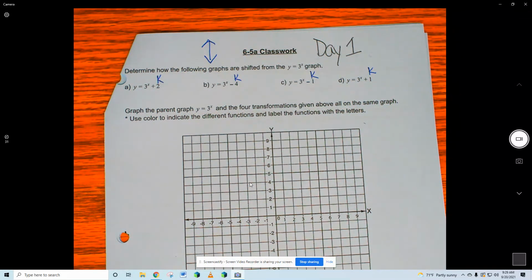So I want you to write in words. For A, B, C, D, am I going to go 2 up, 5 down, 3 up, 6 down? What am I doing with these numbers? It's a 2 and a -4 and a -1 and a +1. So write the words like up 4, down 4, whatever. Go ahead and write those in for A, B, C, and D.